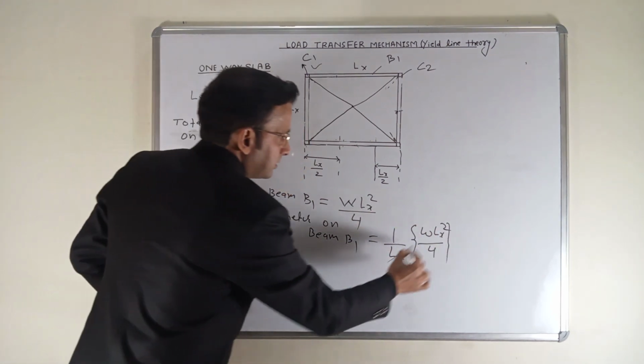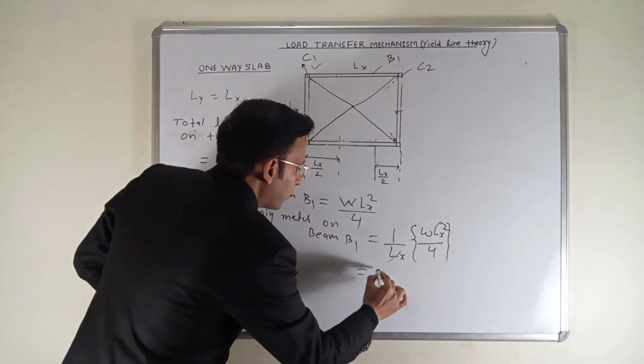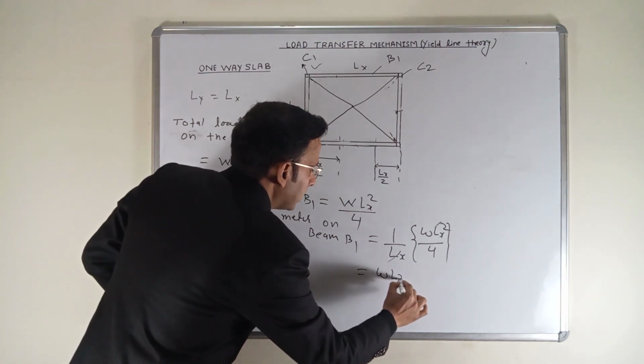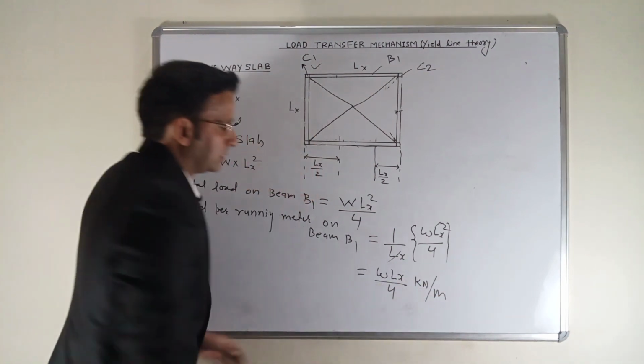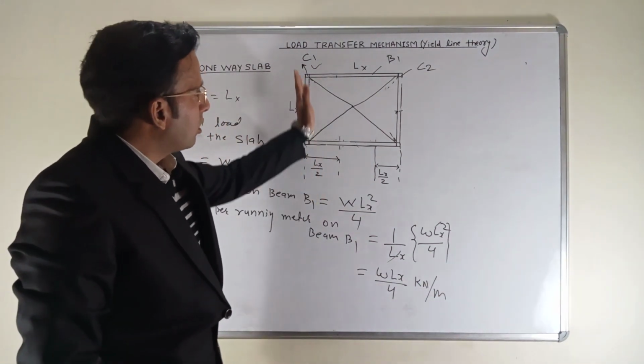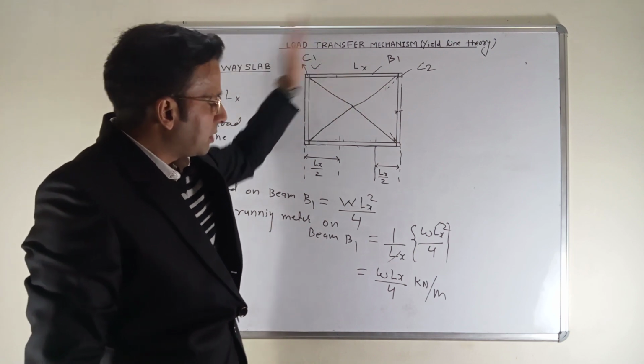So Lx is cancelled by Lx, and you find W Lx upon 4 kilonewton per meter. So this is the ultimate load per running meter on beam B1.